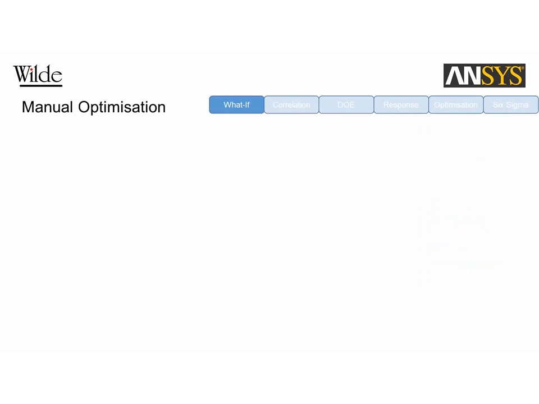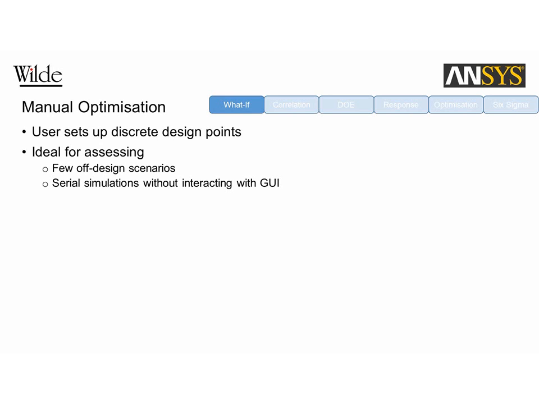So starting at the very top then, let's talk about what-if analysis, which is a type of manual optimization. This is based on best guess, really, where the user sets up discrete design points. It's ideal for assessing off-design scenarios, for example, accident scenarios, or a bunch of serial simulations where the user does not have to interact with the GUI.